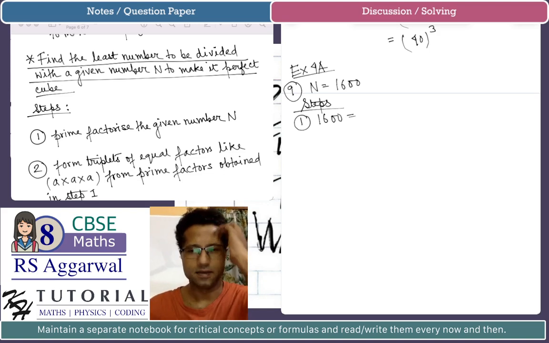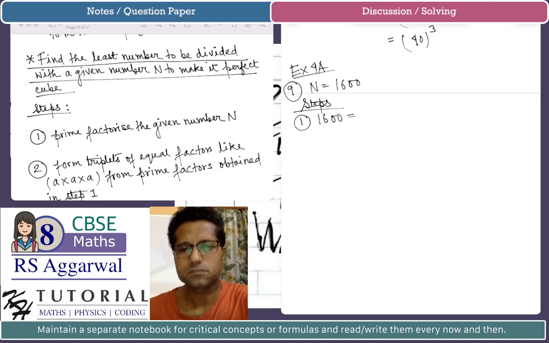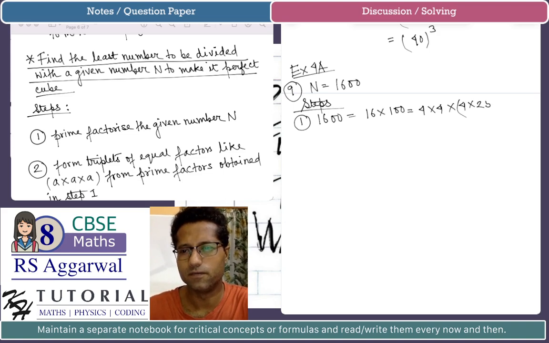Let me try to do it. This is 16 into 100. This is equal to 4 multiplied by 4 multiplied by 4 multiplied by 25.